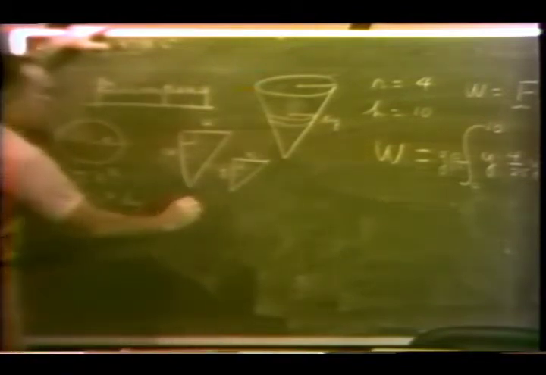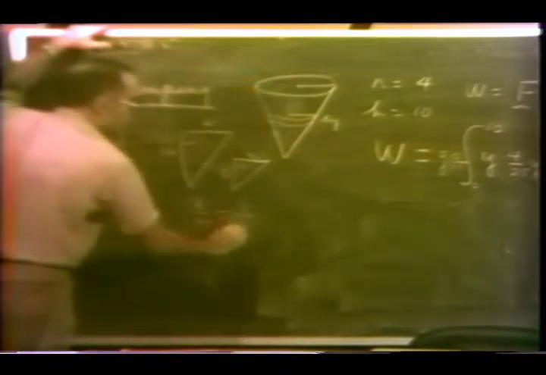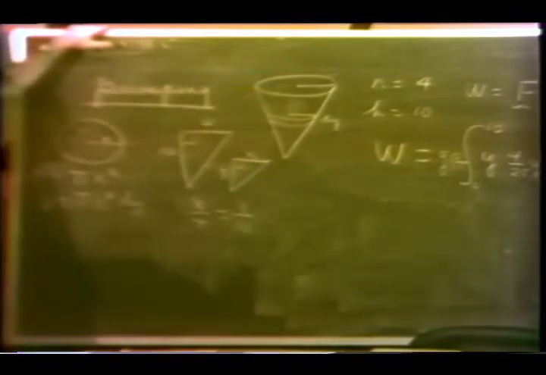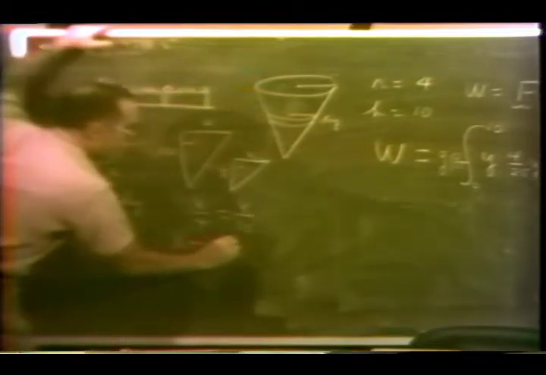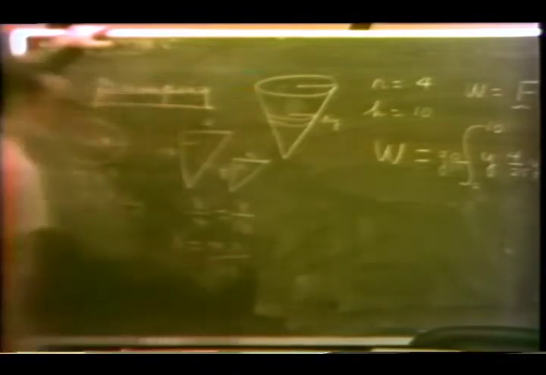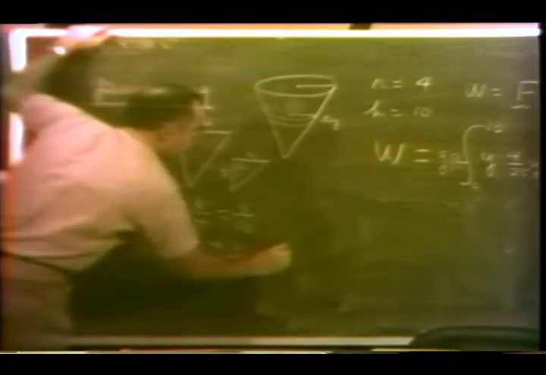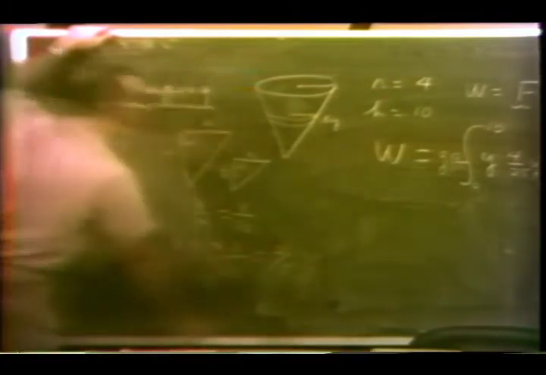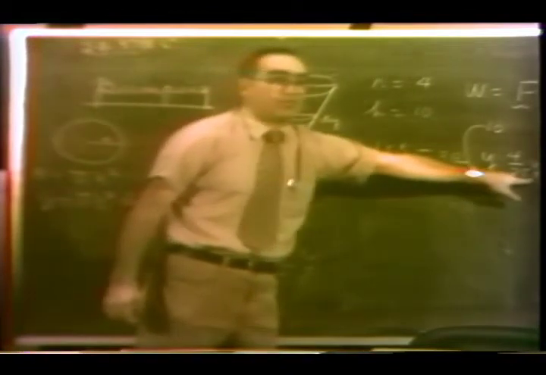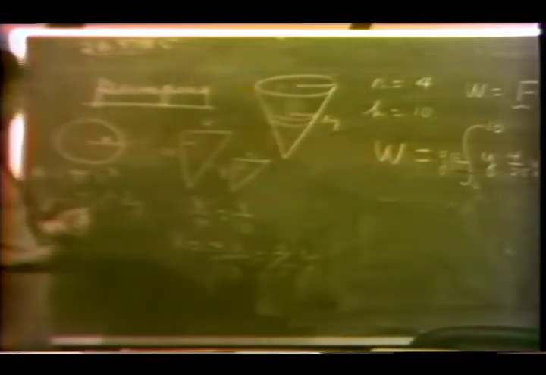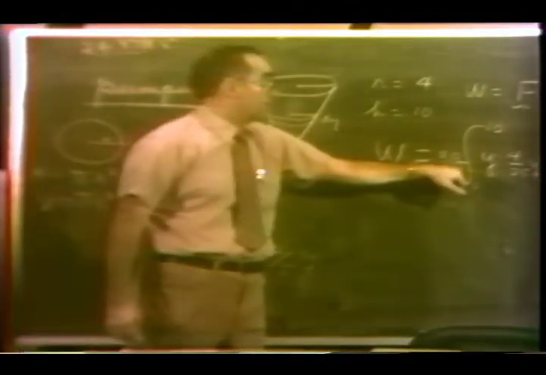So the ratio is x to 4 as y is to 10. So x is 4y over 10, or 2/5 y. Here's your x squared replaced by 2/5 y, your dy, and your pi for the constant of the area.